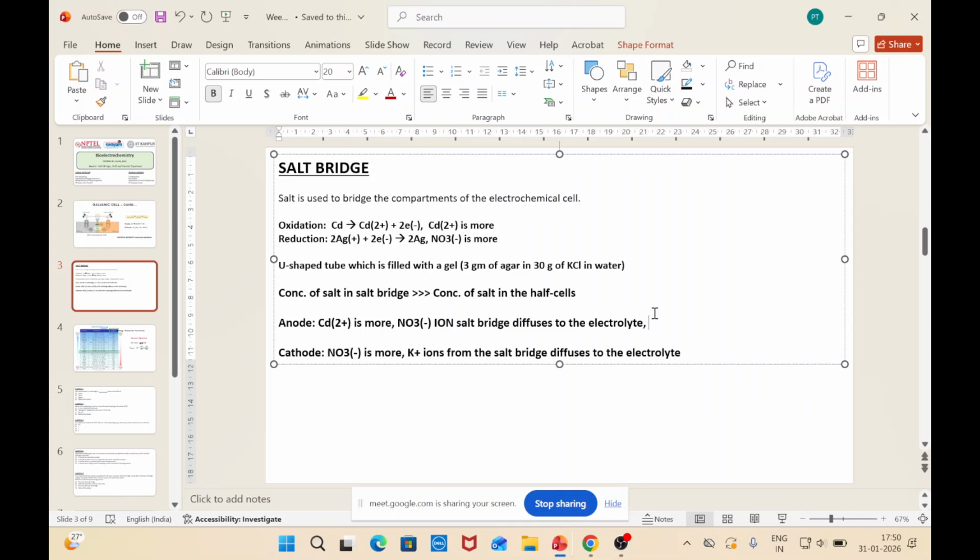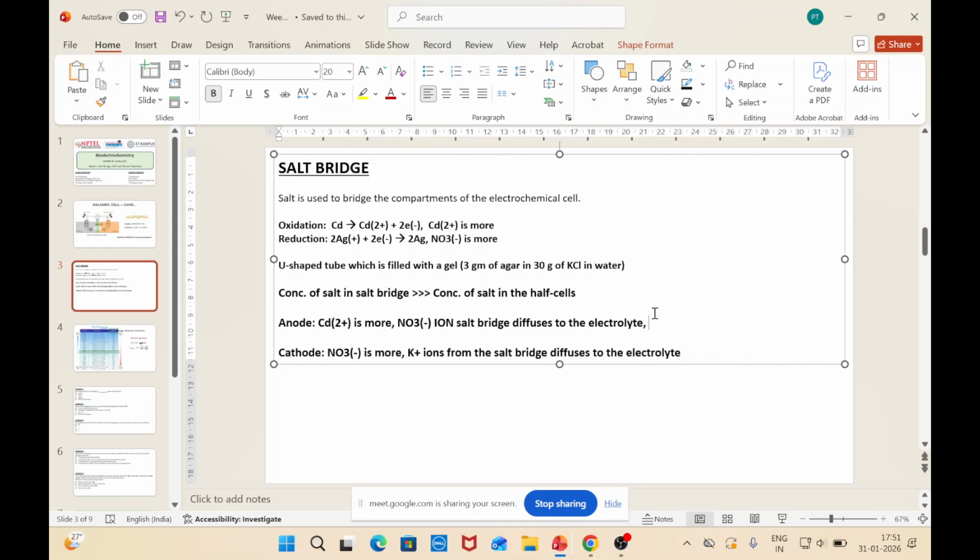At the same time, even in the cathodic compartment, some amount of the nitrate ions will move from the electrolyte in the cathode to the salt bridge, so that if you take each and every system individually, their charge neutrality is maintained. The main particular reason for using the salt bridge is to make sure that the offsets in the charge are minimized.